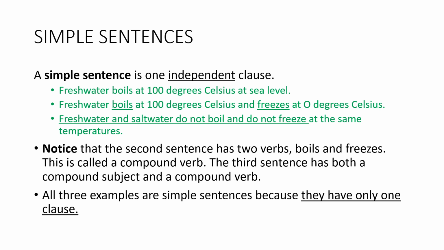So notice here, ladies, the second sentence has 2 verbs, boils and freezes, and it is considered a simple sentence. This is called a compound verb. The third sentence has both a compound subject and compound verbs, because here I have 2 subjects, fresh water and salt water, and then do not boil and do not freeze.